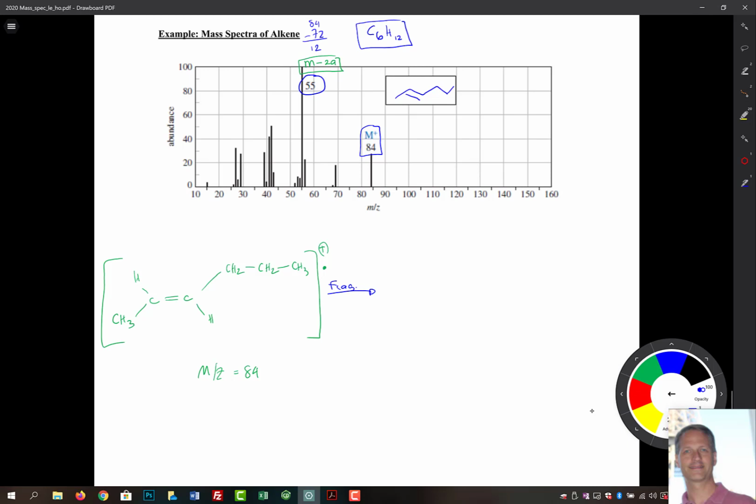So the best place to do this for this molecule is to recognize that that carbon right here actually is allylic. Remember, allylic means that we're adjacent to a pi bond. Right? So next to this pi bond.